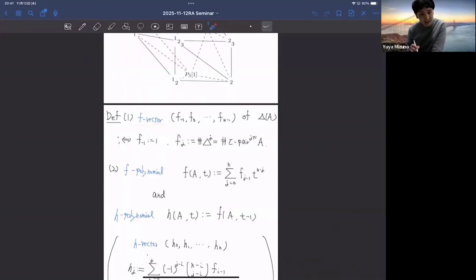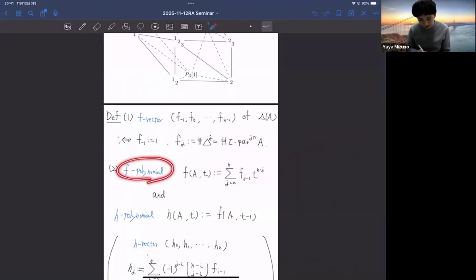The f-vector is just the number of simplices. f_{-1} is formally just put 1. f_j is just the number of elements of j-simplices. In our case, this is the number of tau-rigid pairs of size j plus 1.